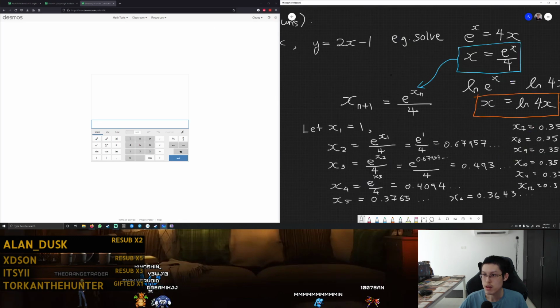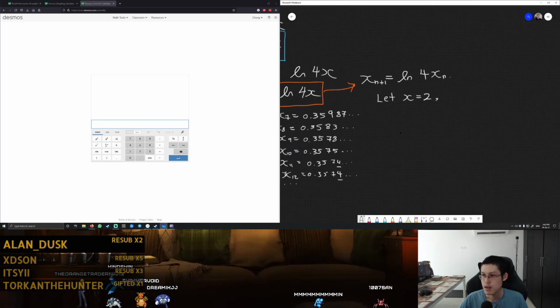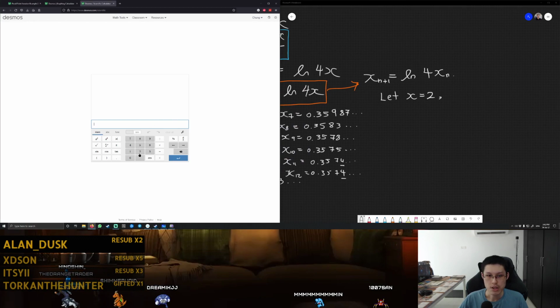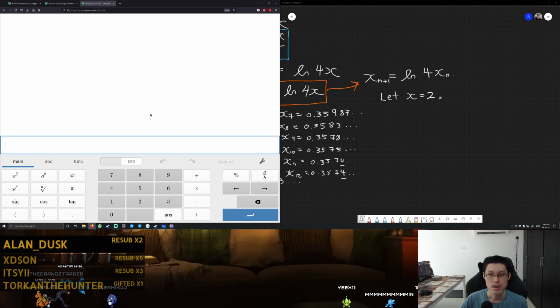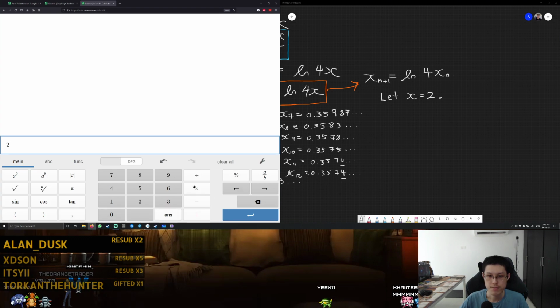Okay, I'll just move that here. So what you want to do is you write 2. Can you see this? Make it bigger. There you go. So you press 2, press equal.